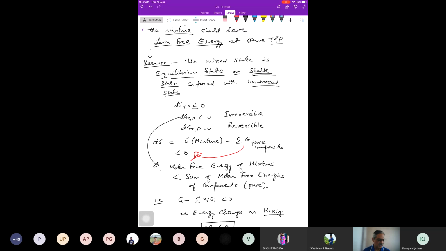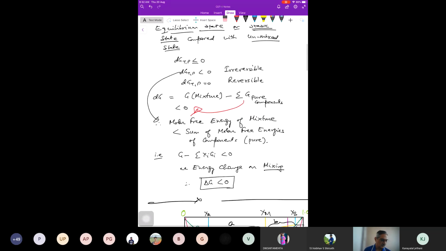That is G minus summation of xi Gi is less than 0, or energy change on mixing, or free energy change on mixing is less than 0. Okay, that's what we already saw, the condition for equilibrium.